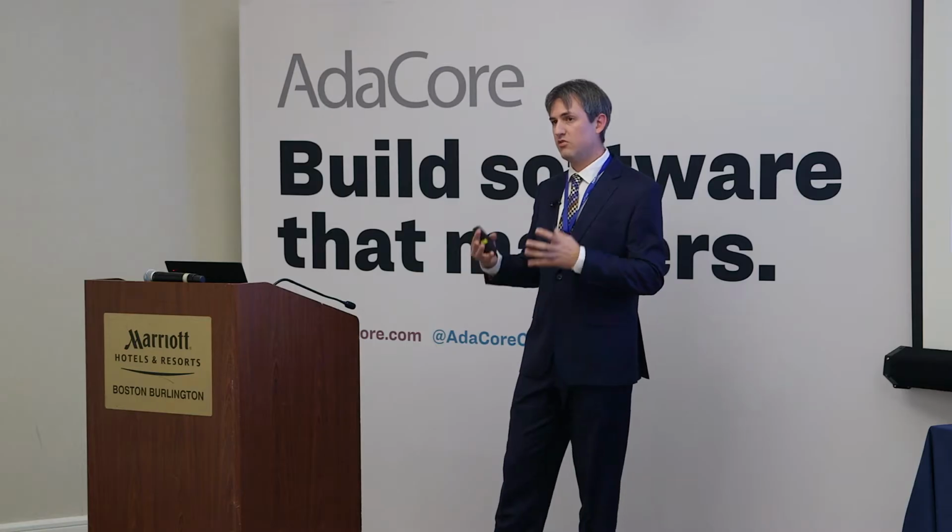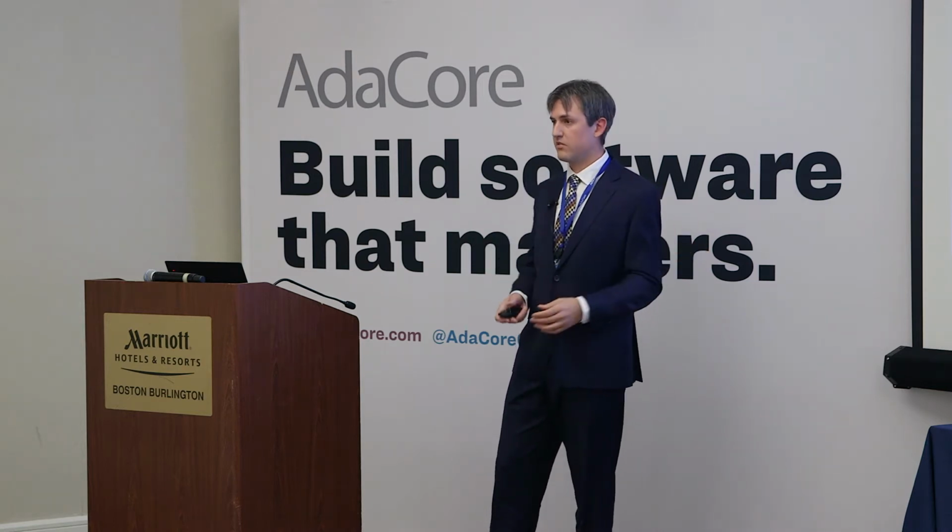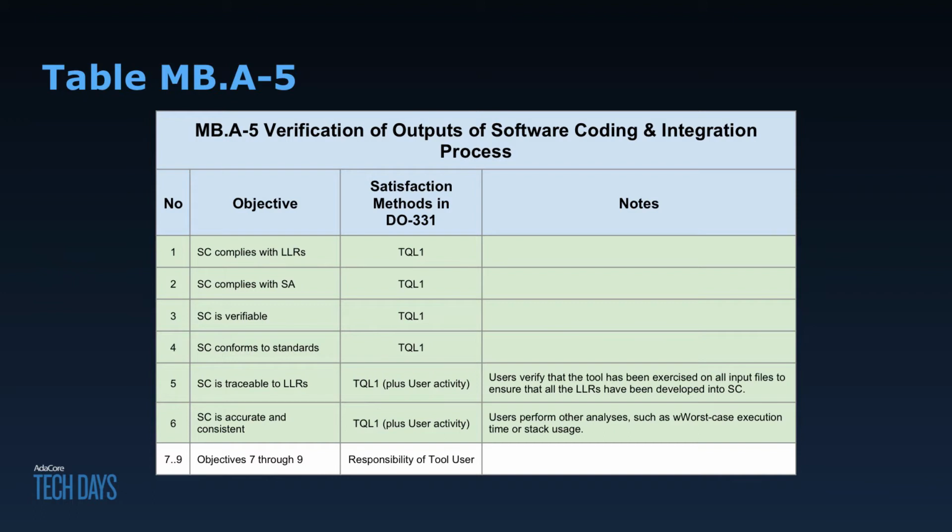And because QGen asks that you stay within a qualified subset, we can give you credit for this objective. Most of the objectives for which you can take credit come from table A5. So these are the objectives that have to do with the source code itself. So things like compliance to the low-level requirements, compliance to your software architecture, you get these essentially for free in using QGen because of the TQL1 story.